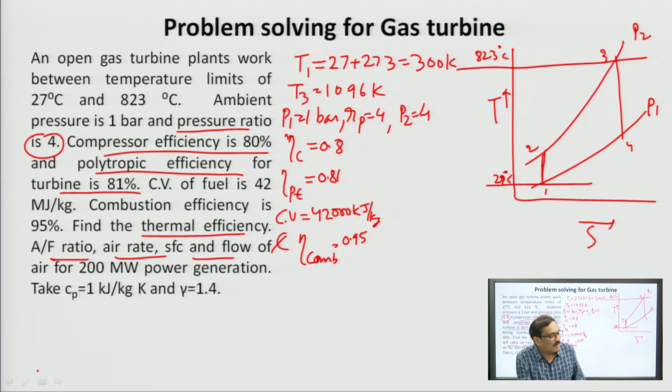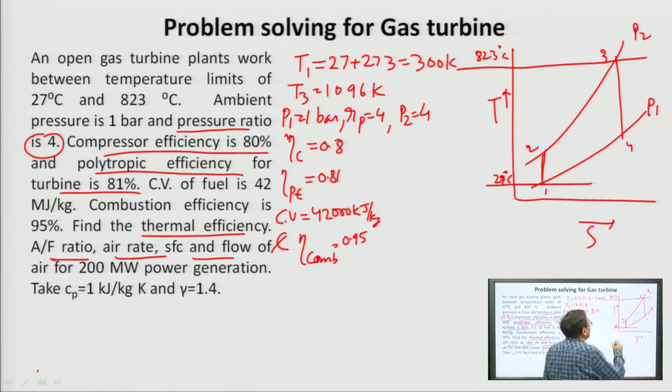So, how to attempt this problem? Again the same thing: find out the temperature at different points. It is not an isentropic or ideal process; the isentropic efficiency is given to you and the polytropic efficiency is given to you.